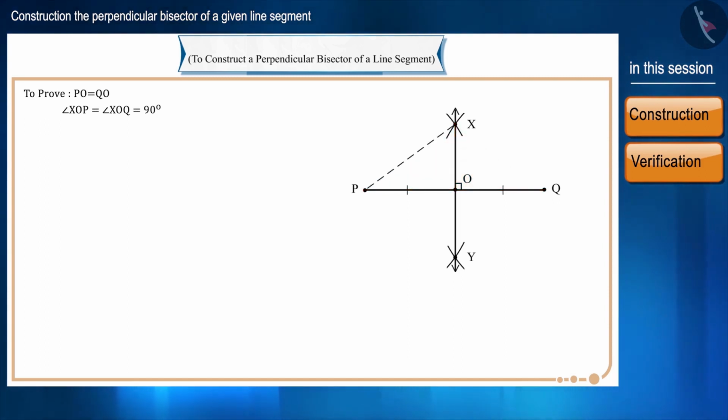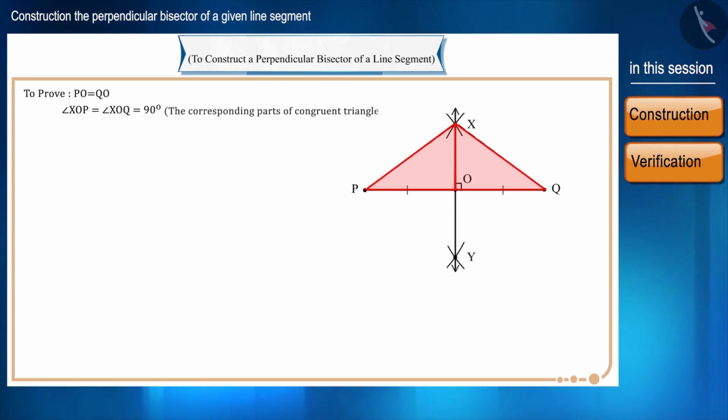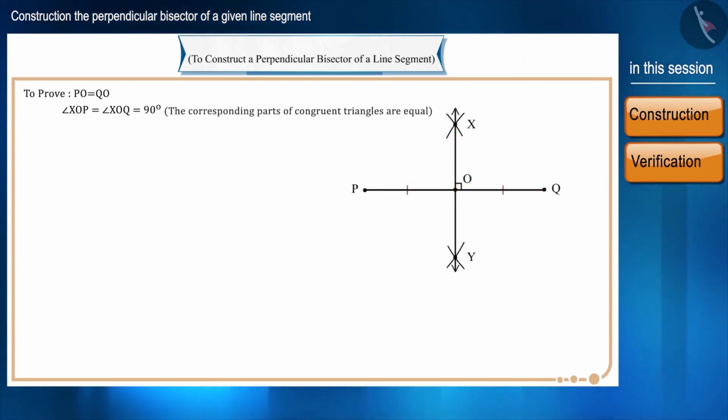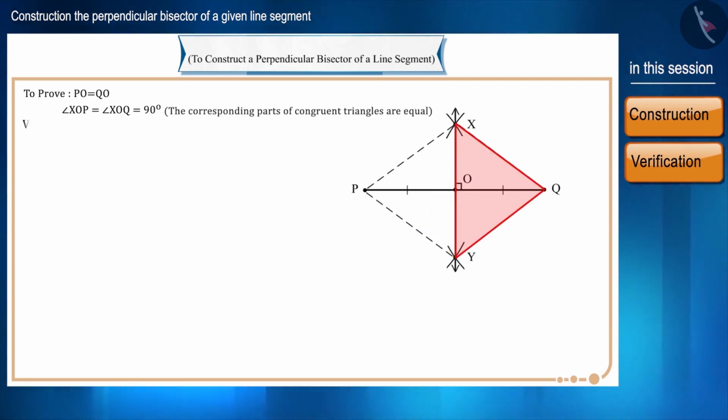If we prove the triangles XOP and XOQ congruent, and since the corresponding parts of congruent triangles are equal, therefore we can say that sides and angles are equal, and it will be easy to prove that PO is equal to QO and angle XOP is equal to angle XOQ is equal to 90 degrees. For that, we will first take triangle XPY and triangle XQY by joining PX, PY, QX and QY.